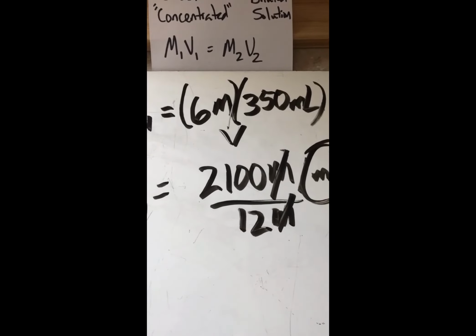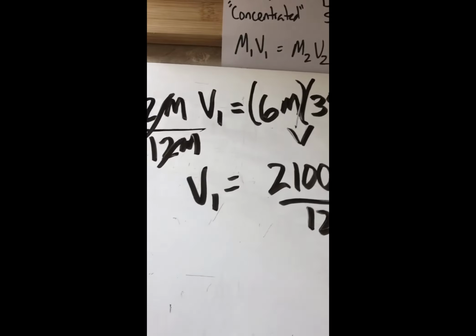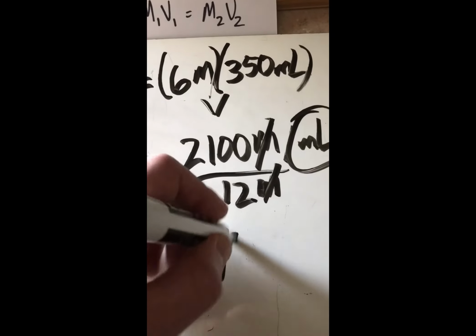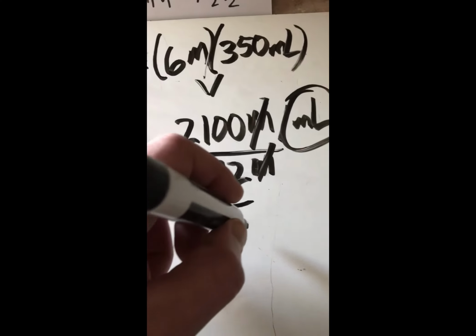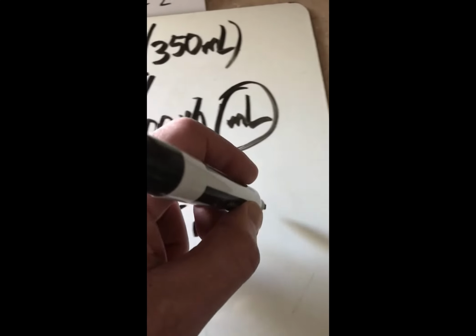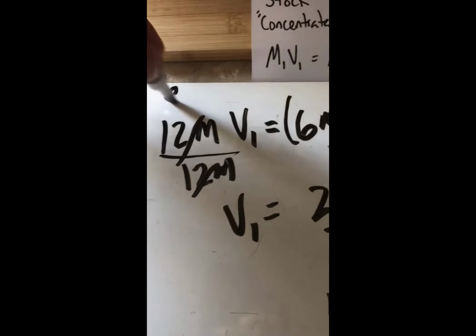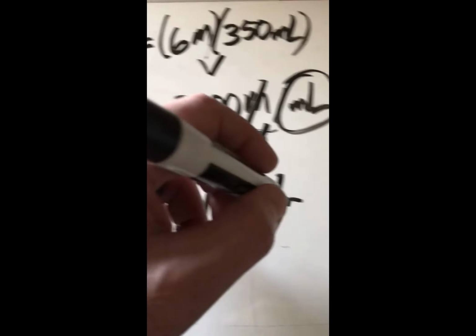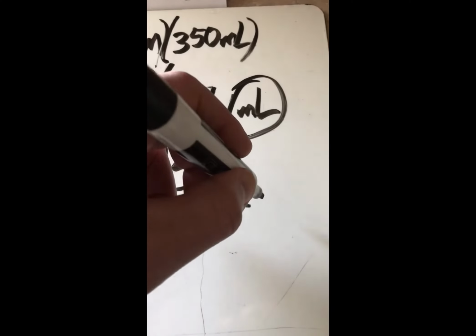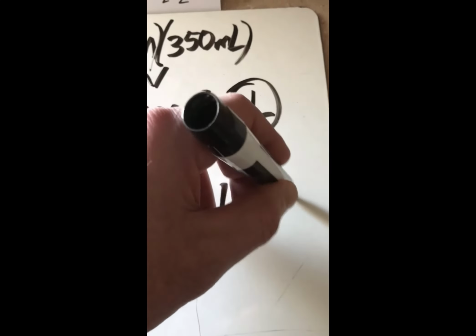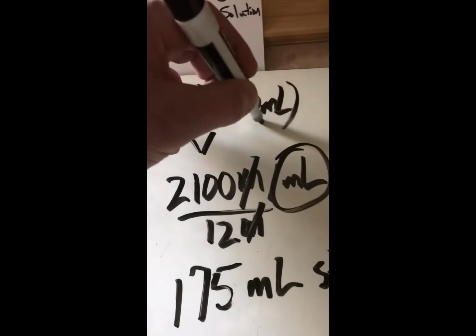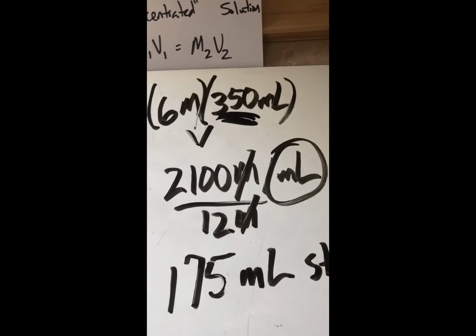So 2100 divided by 12, and we get 175 milliliters. And what did we solve for? Well, this is my stock solution. So we just solved for, to mix this, we're going to have 175 milliliters of our stock solution. Okay, but I want a total of 350 milliliters when I'm done.